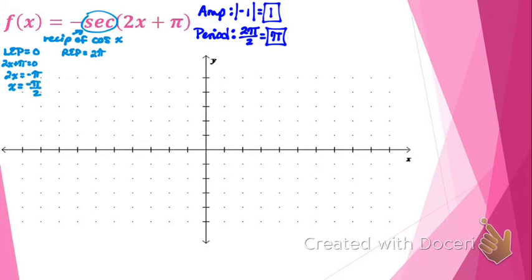It is okay to have negatives as my left endpoint. If it shifts far enough to the left, you could have a left and a right that would be negative. Right endpoint, 2x plus pi equals 2 pi. I'm going to subtract pi from both sides, so 2x equals pi. My right endpoint is at positive pi over 2.